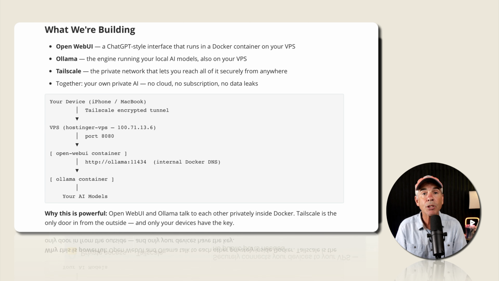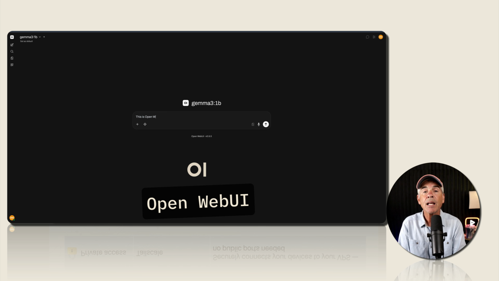What can you actually do with it? I am going to show you how you can set up your own AI-powered chat interface that lives on your Hostinger VPS. This chat interface is going to work just like ChatGPT, Claude, Gemini, Grok, etc. Only this is going to be 100% private, secure.